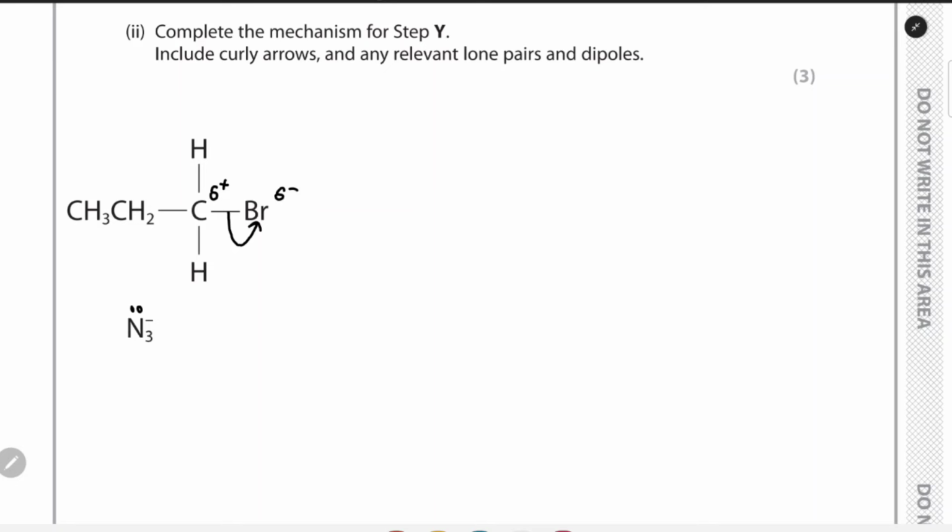There is a lone pair of electrons on N3 minus. This will attack the electropositive carbon. From here we'll get CH3CH2CH2N3, and we'll have a bromide ion being formed as well.